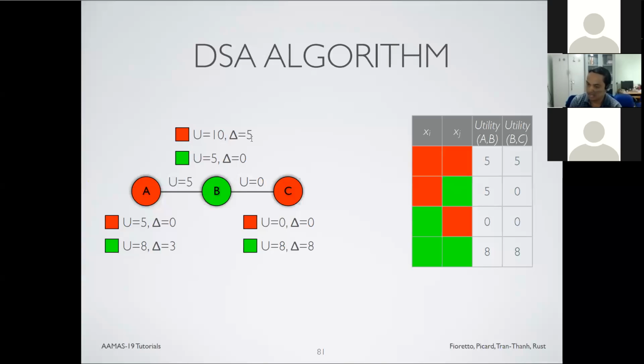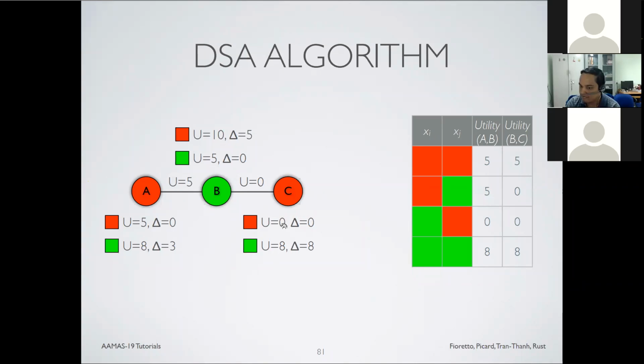Okay, sir. Clear? Similarly for C, it should be 5. If it is red, then the utility is 5 plus 0, and there is no chance of improvement.